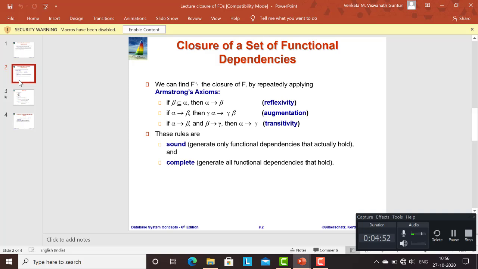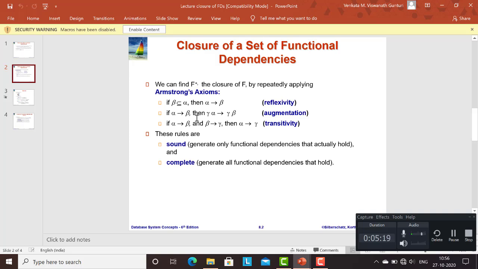And as I said before, theoretically speaking, you can determine the closure of a set of functional dependencies using just the Armstrong axioms. Of course, you have to be very creative in using them, but theoretically you can do it. We will cover some actual algorithms which are much simpler to grasp.